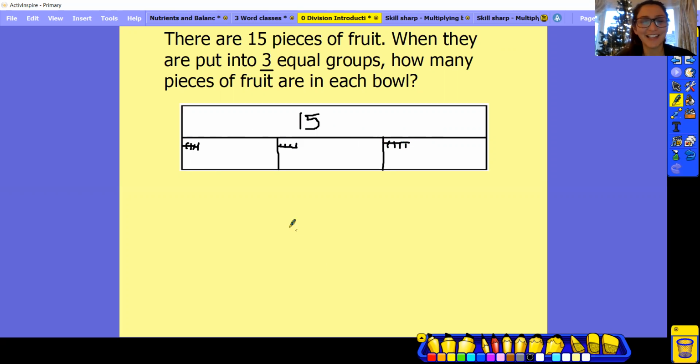There we go. So you know that 15 divided equally into 3 groups would equal 5. Okay, and if you know your division facts really well and know your 3 times table, you could do 3, 6, 9, 12, 15. So they're worth 5. So put in a 5 into each one if you needed to.